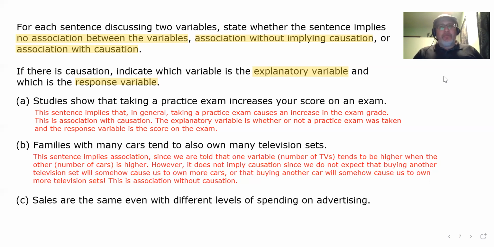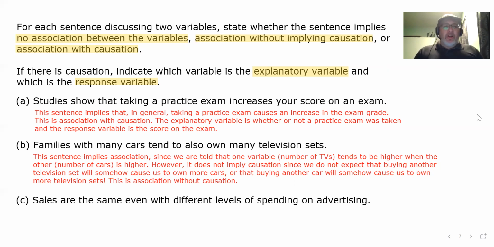Yeah, I think that variable would be your salary or how much your income is. It would stand to reason that the higher the income, the more cars you may have, and the higher the income, the more television sets you may have. That would be causation.